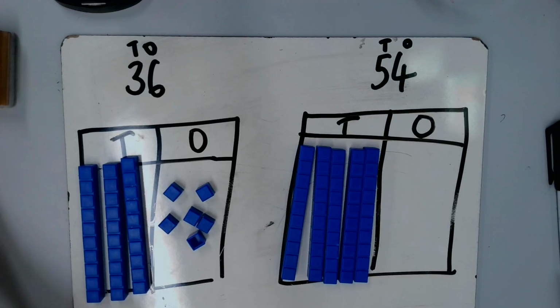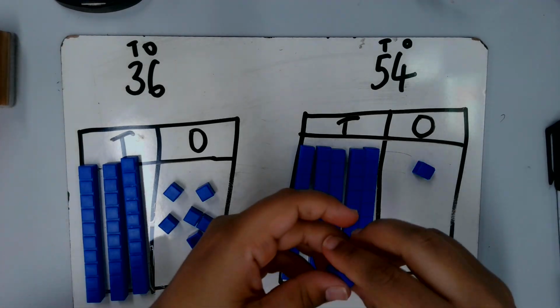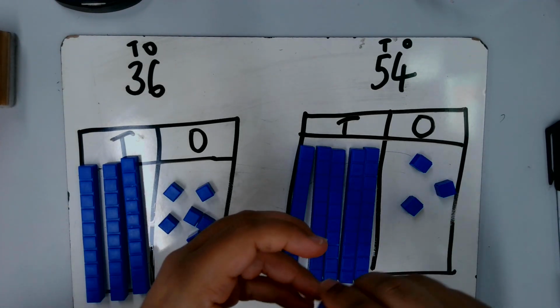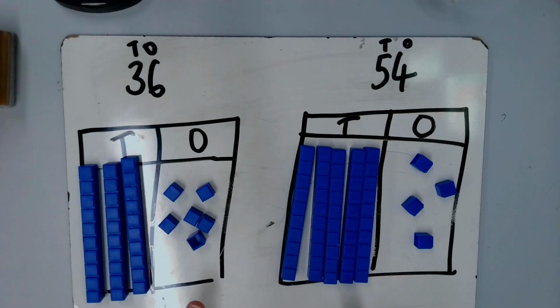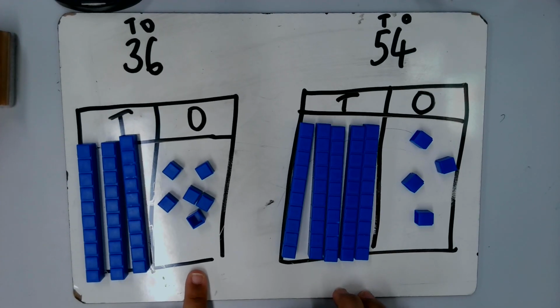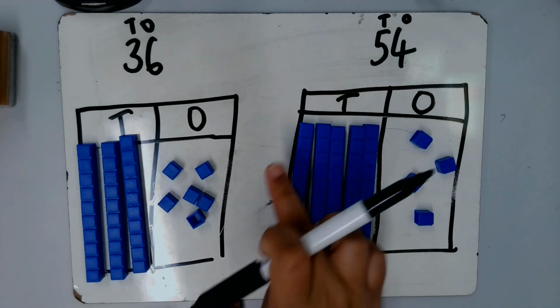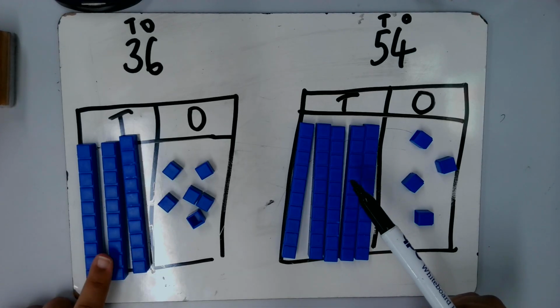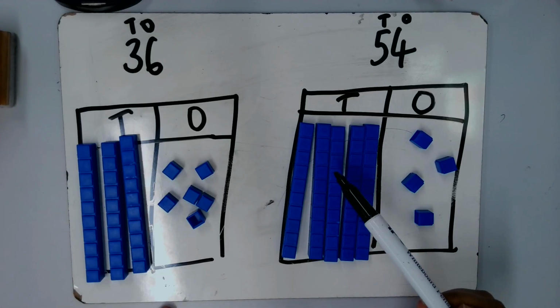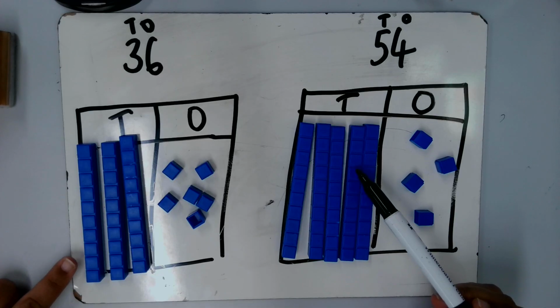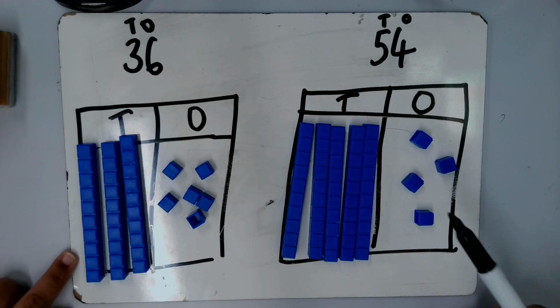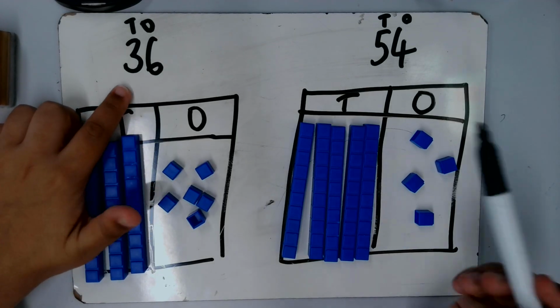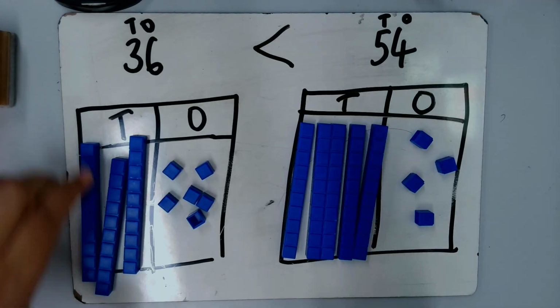I also know in 54, I've got 4 ones. 1, 2, 3, 4. Using this information, I can see that in 54 there are more tens than in 36. There are 5 tens in 54 and 3 tens in 36. Therefore, 36 is less than 54.